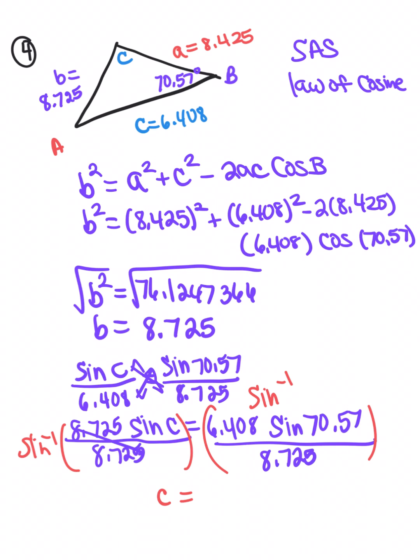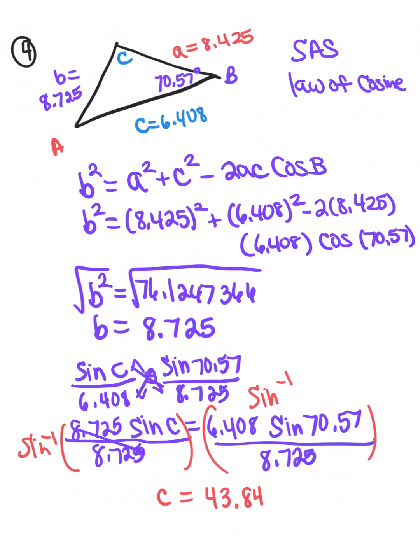Once again, if you're using the alpha y equals, that helps you so you don't have to worry about all the parentheses. So I get C is equal to 43.84, rounded to the nearest tenth.